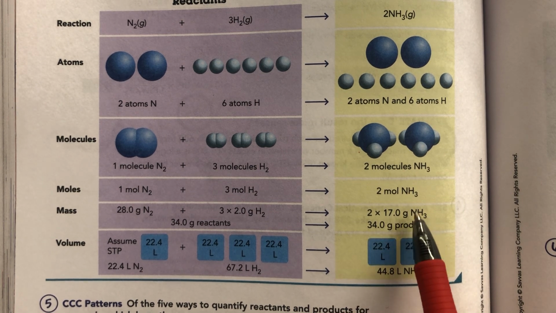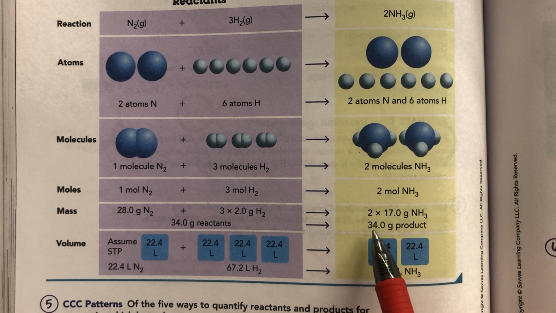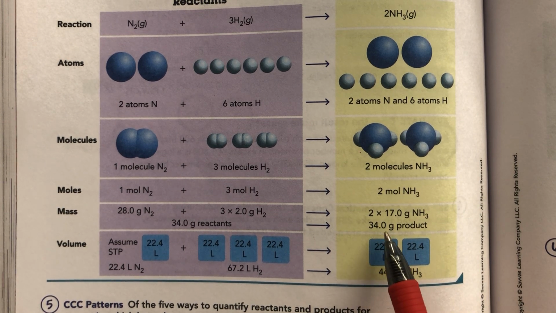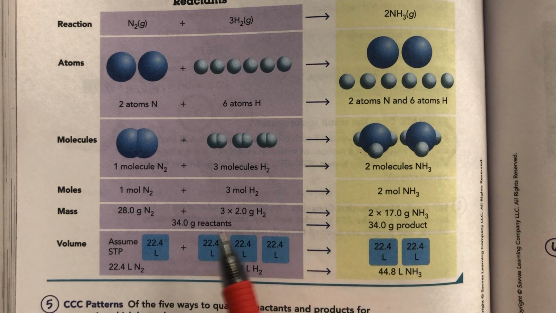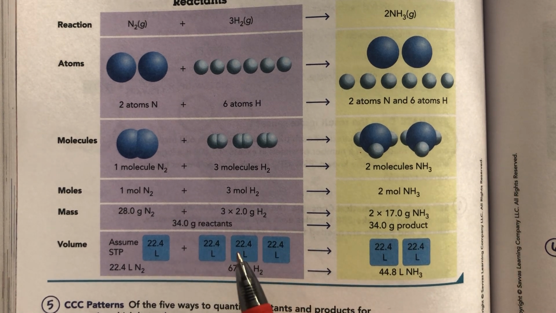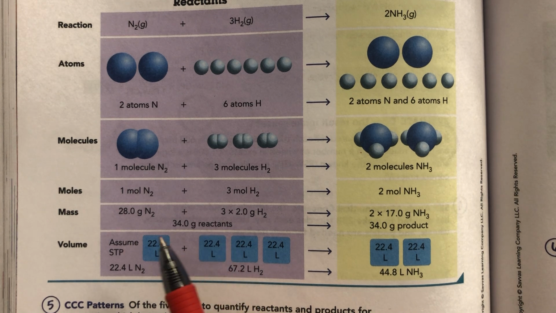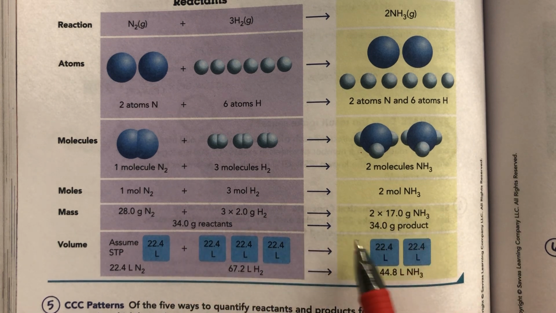That's how much this ammonia weighs, but there's 2 of them, and that also equals 34.0 grams of product. So this balances out in terms of stoichiometry, because we're looking at the quantity of the substances, and that is in both moles and masses. Okay, and the masses now balance.